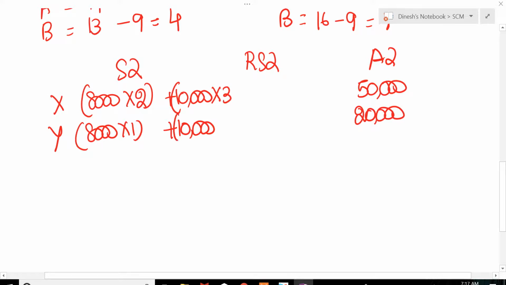How many units of Y? 2. So your standard quantity is always calculated with the help of actual output. This is how we will do it. 8,000 into 2. Why 8,000 into 2? 8,000 units have been produced and each unit needs 2 units of product X. 10,000 into 3. Why 10,000 into 3? Each unit requires 3. Any doubts on this?